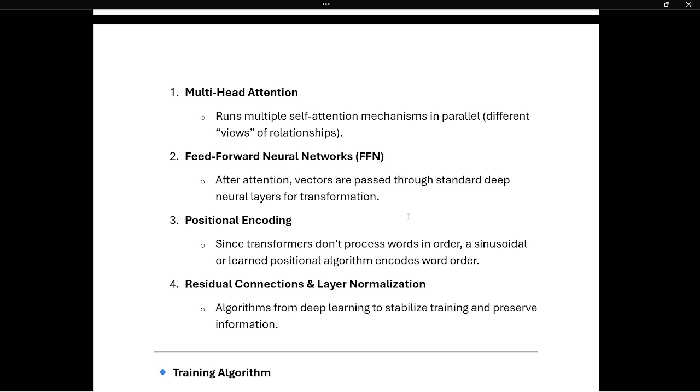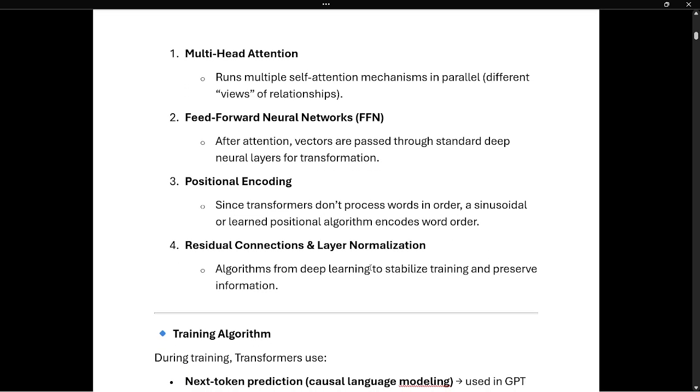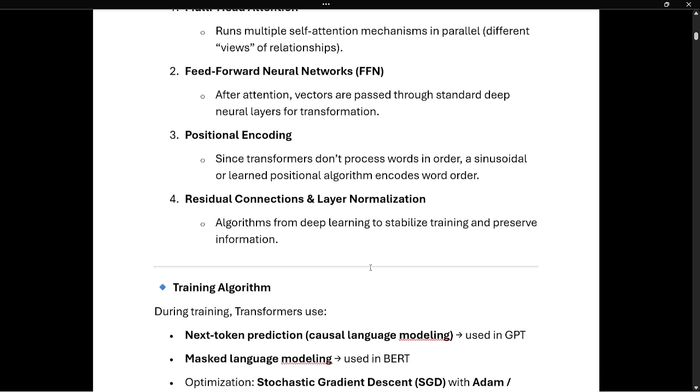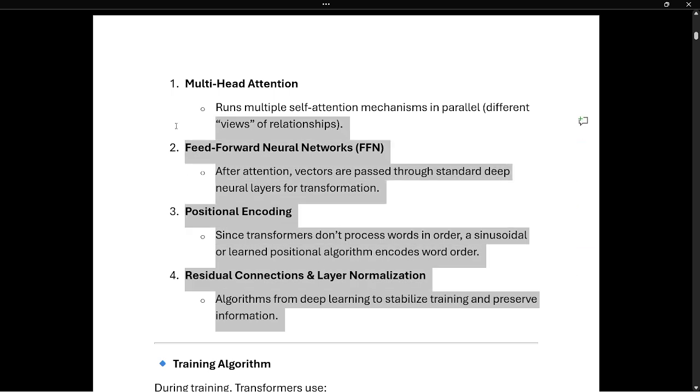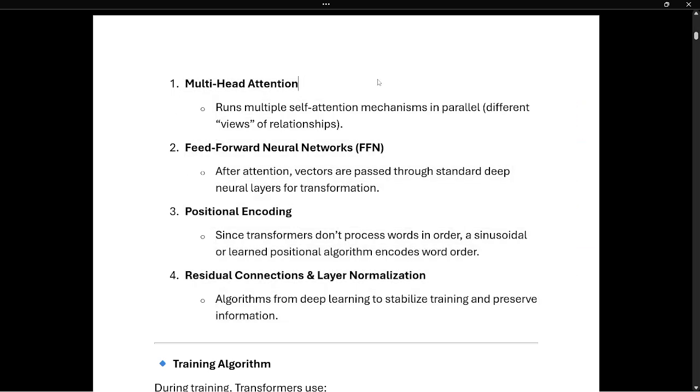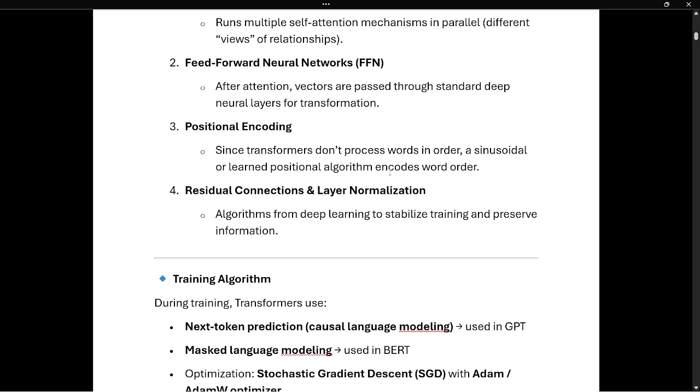Then we have positional encoding between the words. Since transformers do not process words in order, a fixed or learned positional algorithm encodes word order. All this mathematics we will see separately. Then we have residual connections and layer normalization. These all help in the transformer. So for now we can understand that we have self-attention, multi-head attention, feed-forward network, and positional encoding, and these are the algorithms we use to help train and understand the model.